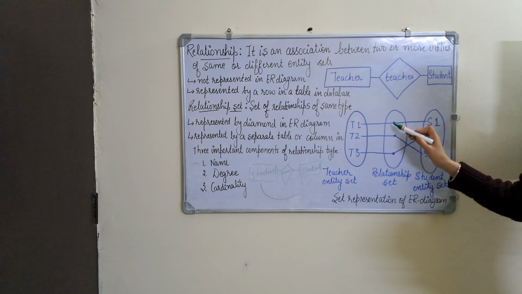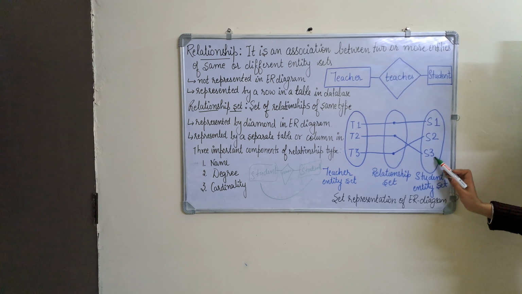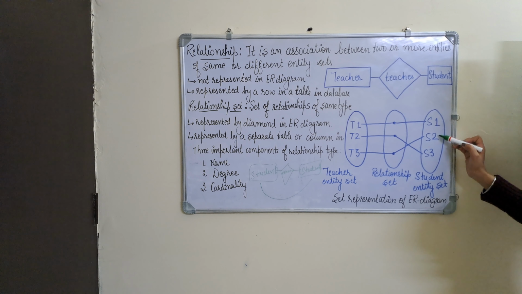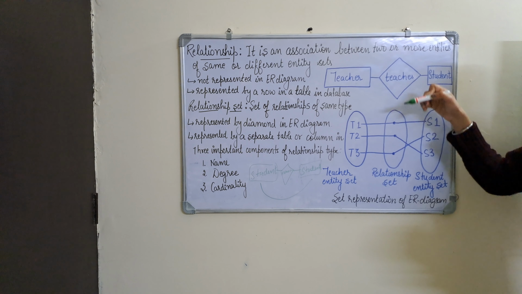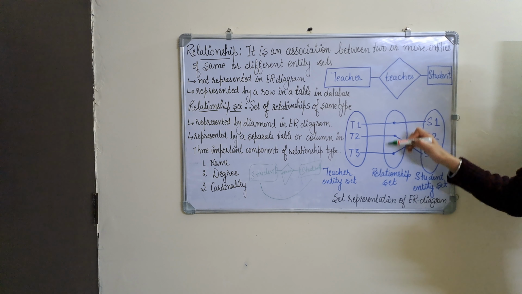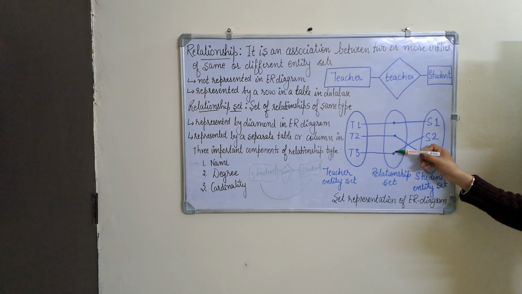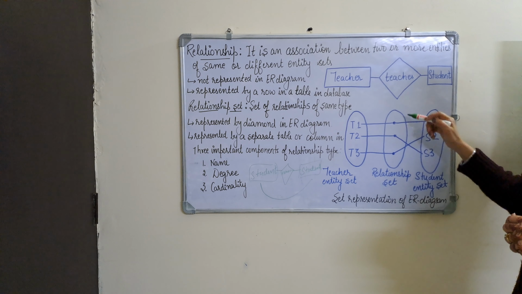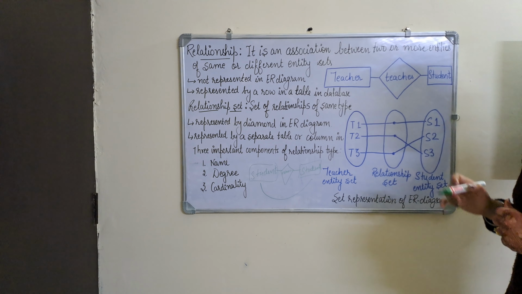So teacher 1 teaches student 1, teacher 2 teaches student 3, and likewise teacher 3 teaches student 2. All this set of relations coming under the relationship set, that is teaches, makes up the relationships. So every single edge over here represents a relationship. However, the entire set represents the relationship set.